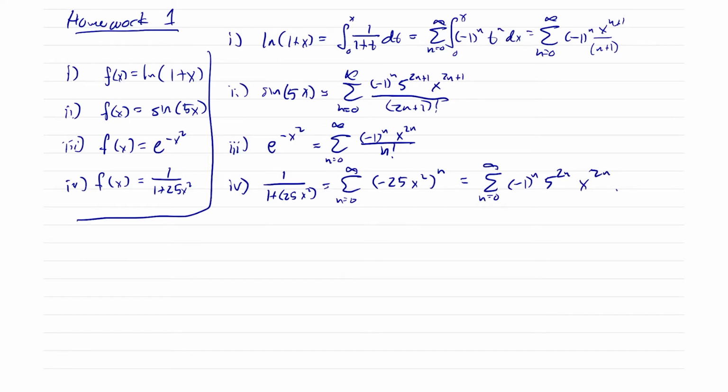Okay, so out of each of these, there's some things we should really take note of. So the first one and the last one, the radius of convergence, well, let's just say for the first one. So the radius of convergence for the first one is just 1.